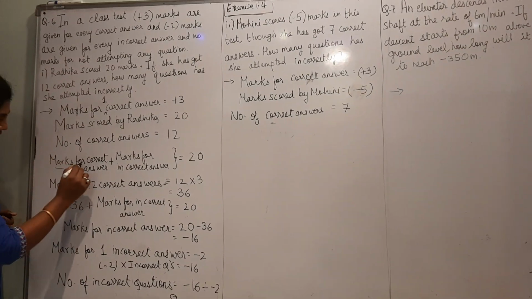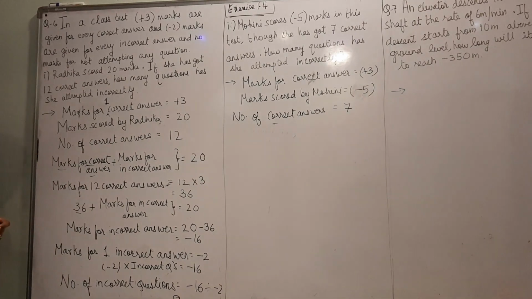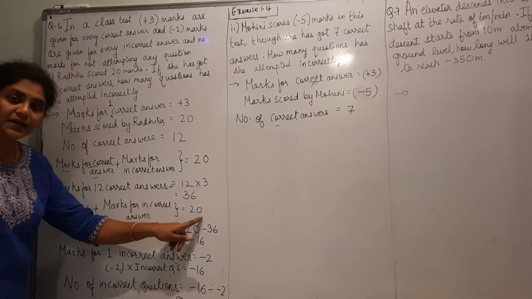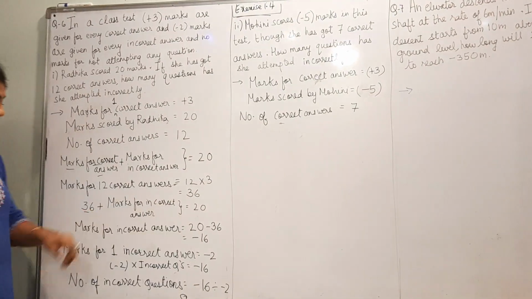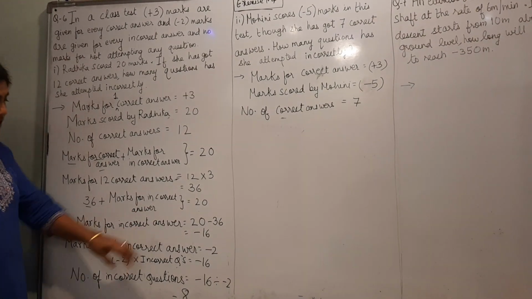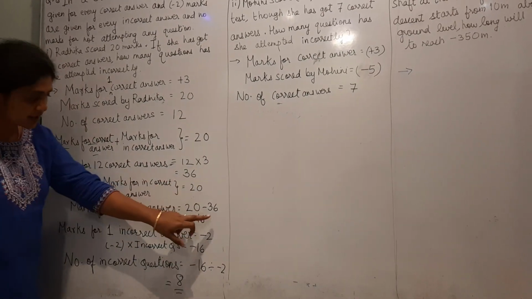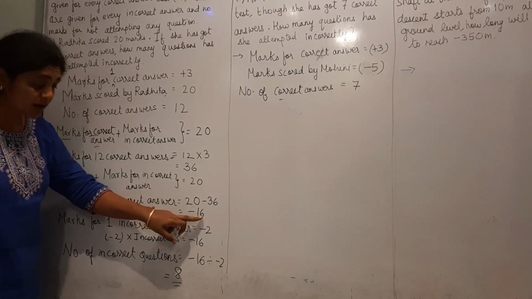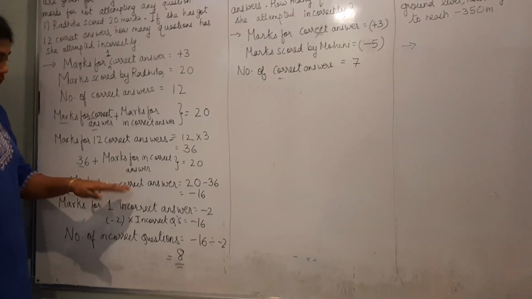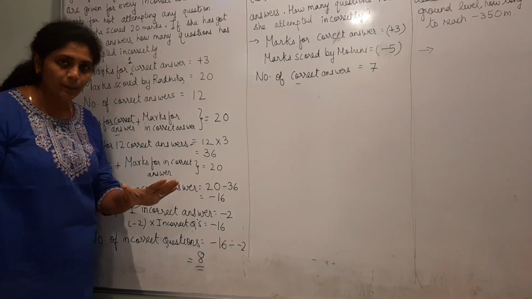So this portion we got the answer as 36. Now 36 plus marks for incorrect answer is 20. Right? So for marks for incorrect answer you have to find. If you subtract from total this marks for correct answer, you will get marks for incorrect answers. So you got that marks for incorrect answers what she scored is -16.